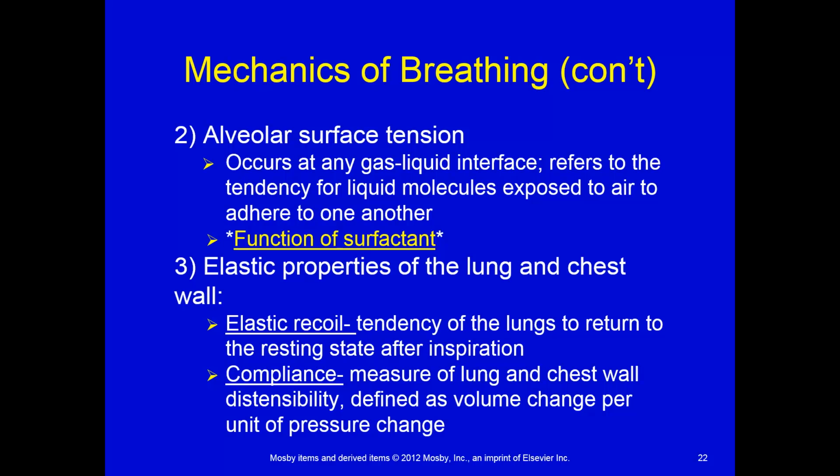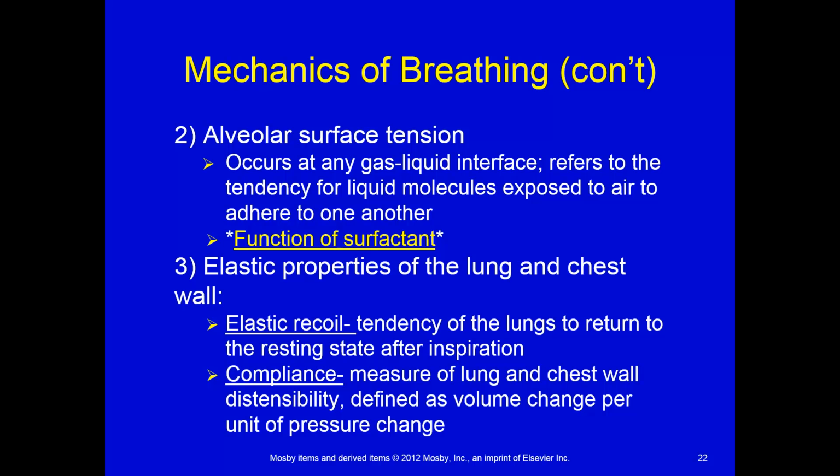So surfactant acts basically like a detergent. Think about a sink full of dirty dishes. What happens when you put a couple of drops of dish detergent in that water? That's exactly how surfactant acts inside the alveolar sacs. It allows those water molecules to let go of each other and allows for better, proper re-expansion of that sac after every breath, right?